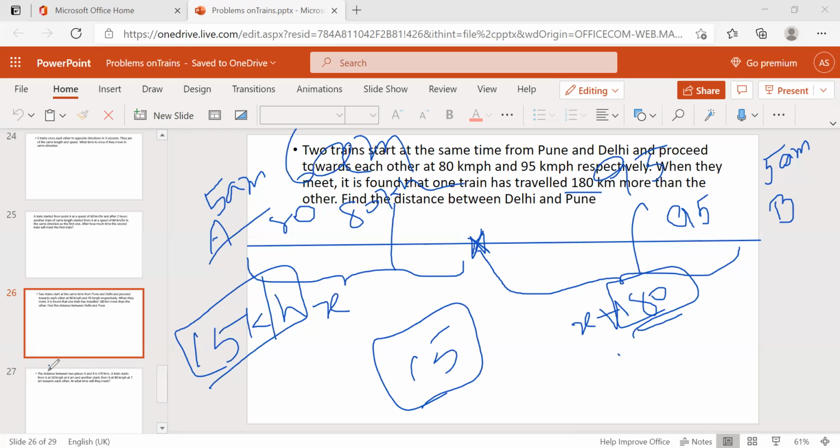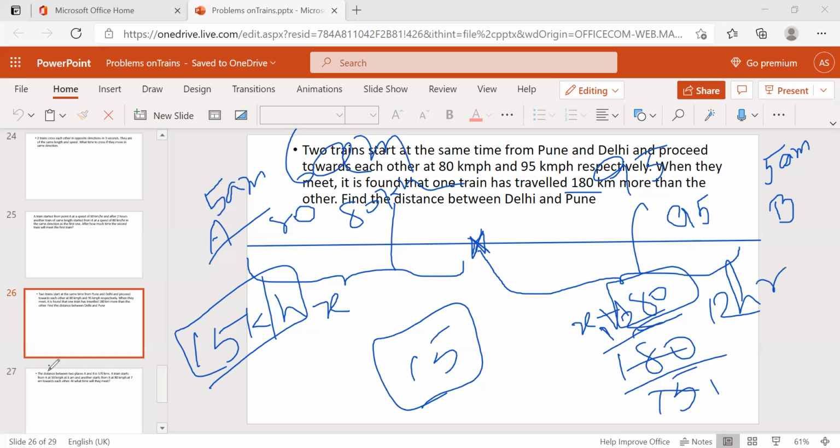Simple logic. So 180 by 15. 180 is the distance and 15 is kilometers per hour. So 15 fives are 75, 15 tens are 150, and 15 twos are 30.